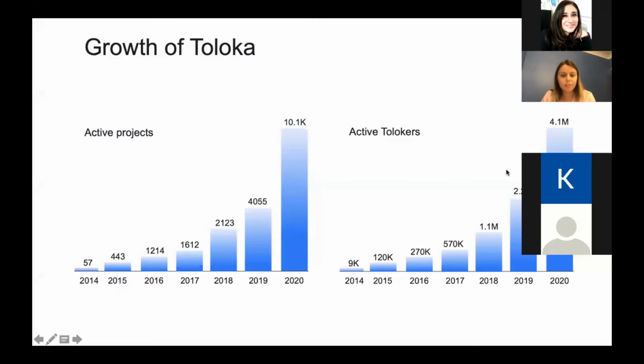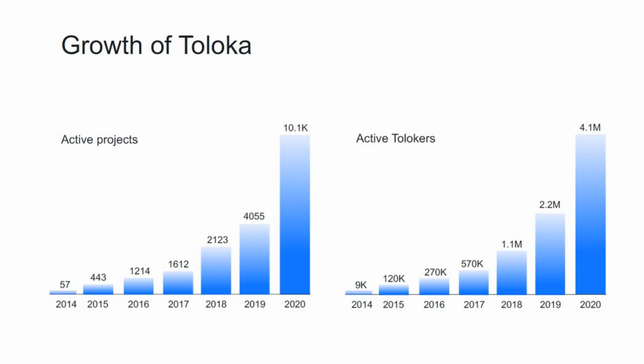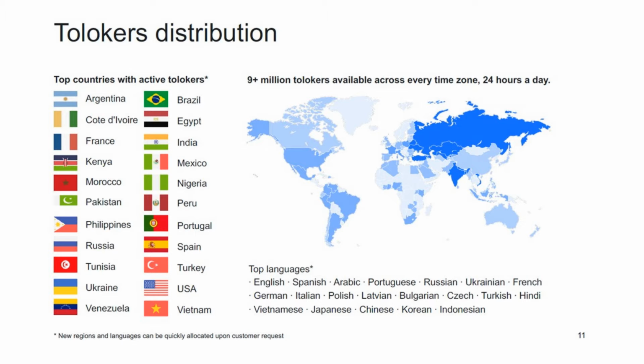And that's why you see the trend of data labeling, and you also see why crowdsourcing is so important. Here you can see Toloka's distribution, and Toloka is a very international company. It has lots of languages, and you see the top countries with active Tolokers.